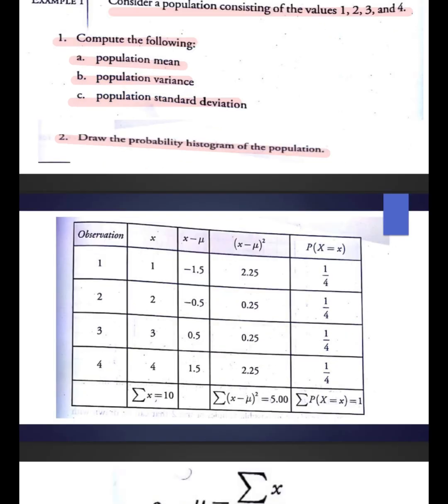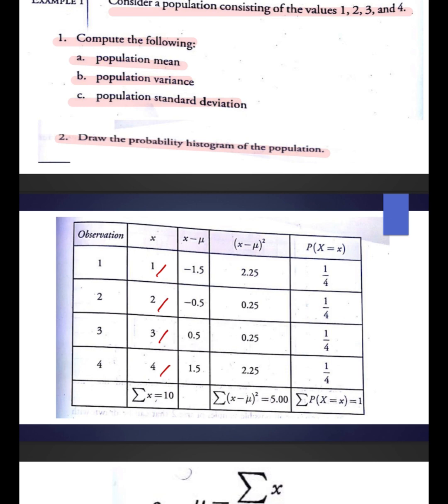To compute for the population mean, first, let's make a table for the population values. Observe that there are 4 observations consisting of the values 1, 2, 3, and 4. Okay, so let's get the summation of the population values.